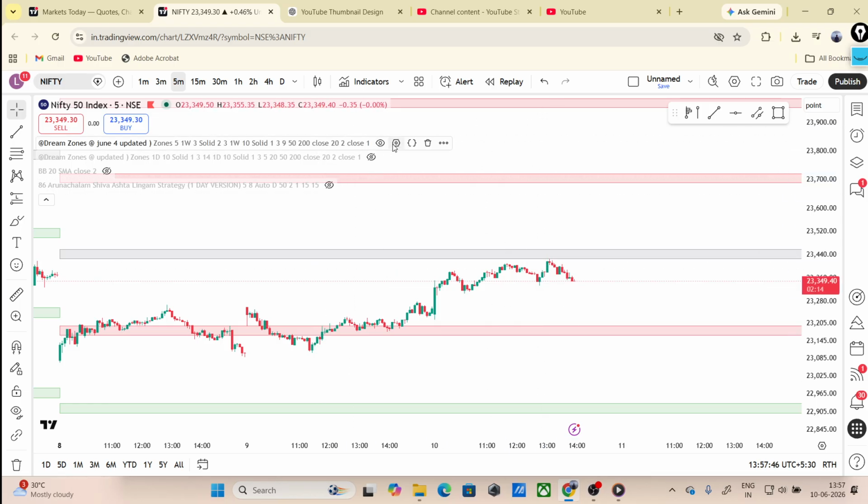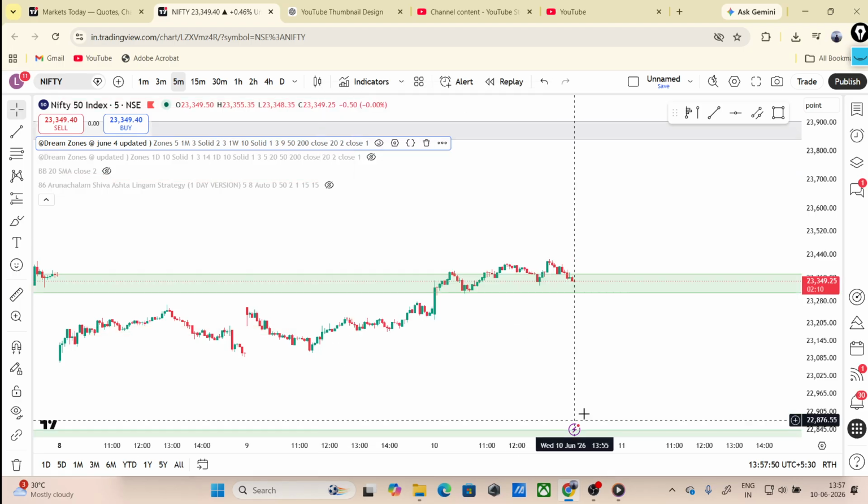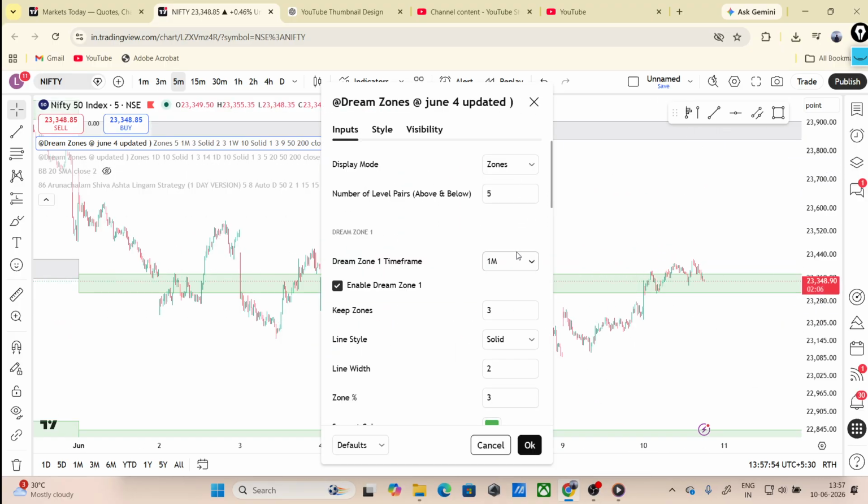And if you keep the monthly zone, see here, monthly zone, these are good for stocks also. I am not suggesting any stock, but I am saying it will work well for stocks. Okay, 1 day time frame.